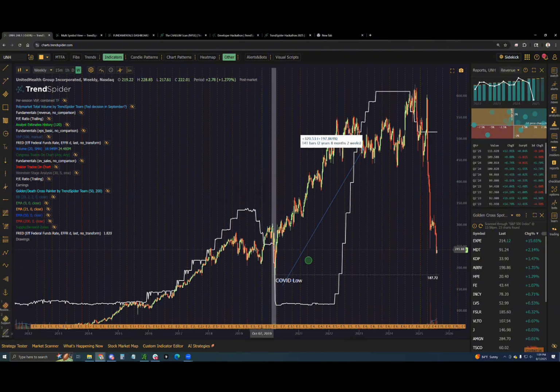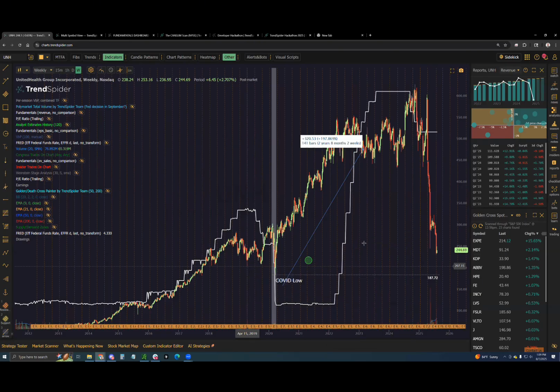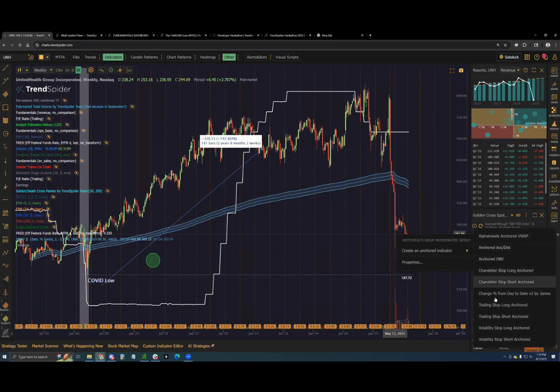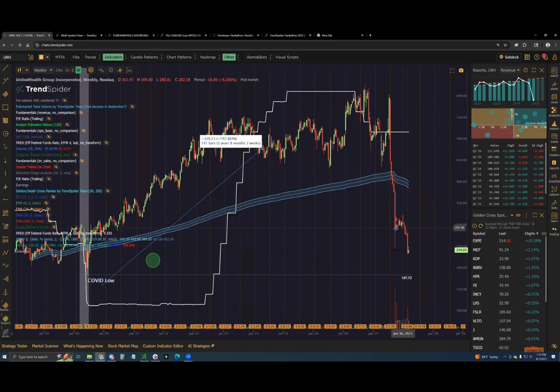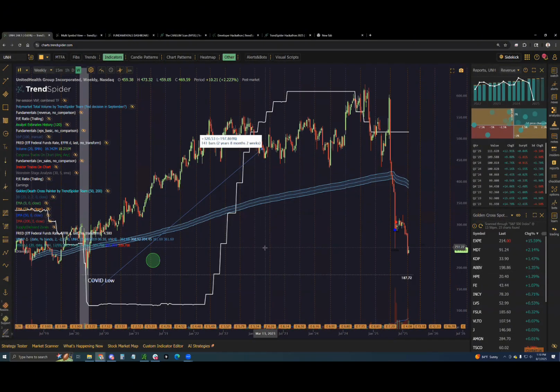And I don't know if you guys use anchored VWAP, but adding that is just as easy as right clicking where you want it and adding the anchored VWAP. You can show trailing stops on your chart, create an anchored indicator, trailing stop, long anchored. And you can customize it. Say you want like a 20% trailing stop.